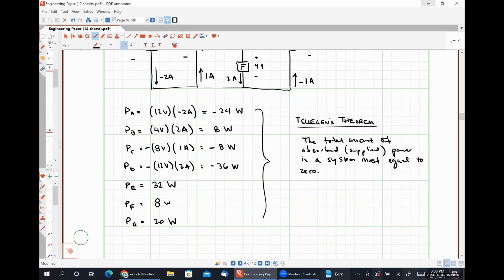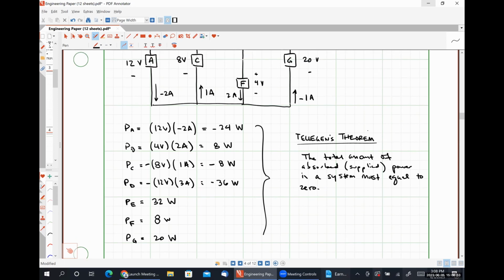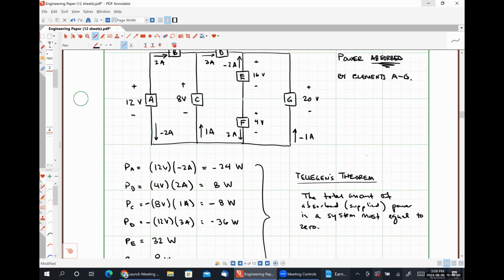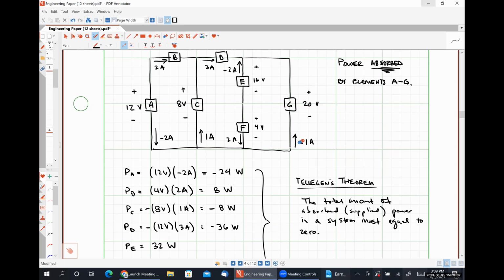So if we weren't given some of these quantities, technically speaking, we could use Tellegen's theorem and figure out, if we didn't know, for instance, the current flowing through this element G here. Well, if we figured out the powers absorbed by elements A through F, we would know that whatever power was absorbed by element G would be whatever it takes to make that total sum equal to 0.